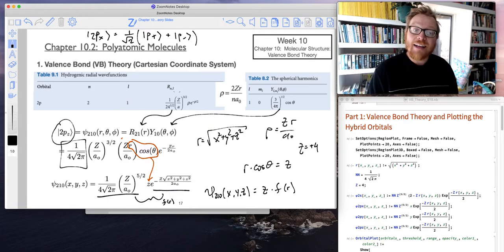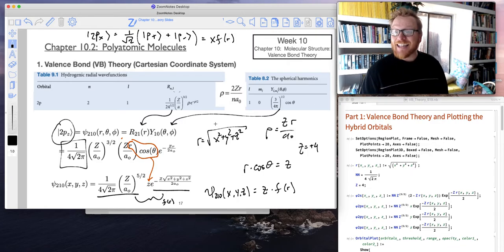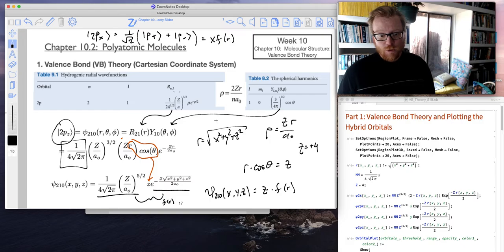Well, as it turns out, you can do the algebra and show that all of this just equals x times some function in r, and that function in r is identical for the px, the py, and the pz, which is really cool.